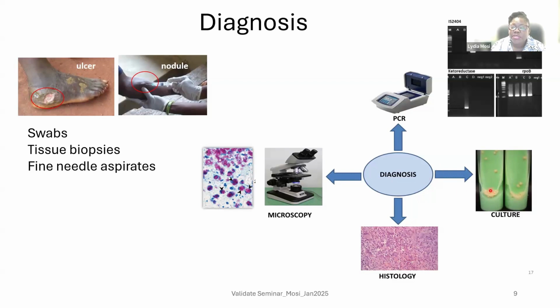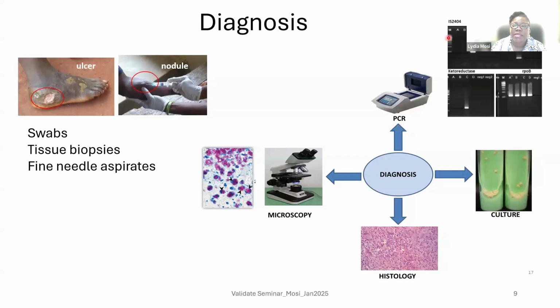Culture is also used. However, it's the most specific, but it is not a very successful diagnostic tool to use because of the duration it takes for colonies to show up. By then, the ulcers would have extended beyond repair. This means that polymerase chain reaction, or molecular detection of the presence of the bacteria, is the gold standard currently, as suggested by WHO.